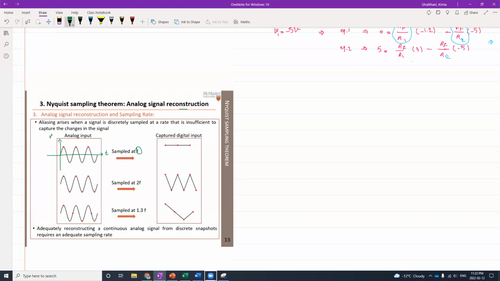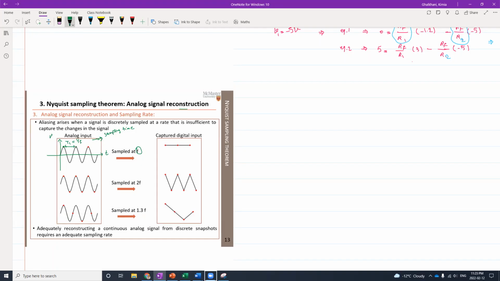What is going to happen in here? From here to here is the sampling interval. You are familiar with this. We call it Ts. What is Ts? I explained this. Ts is a function of frequency, 1 over frequency. So we call it sampling interval or sampling time. It means there is one sample in here, and one sample there.